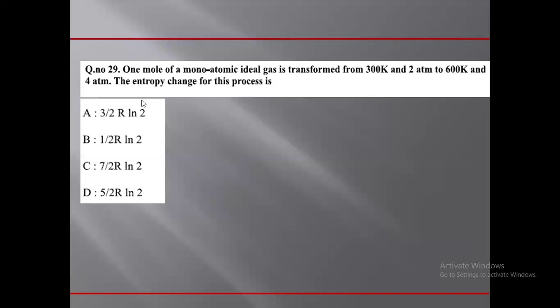See here various options are there. So here for entropy change you have to go through the formula. I also solved this problem, and here the answer is A, 3 upon 2 R ln 2.